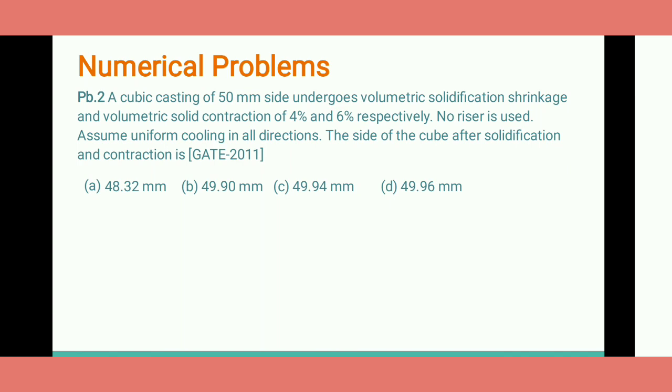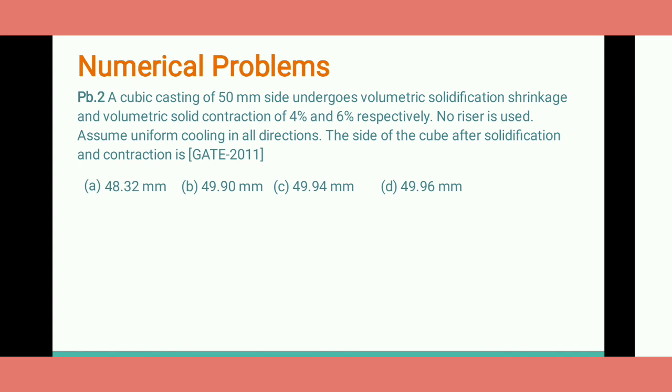So if we use the solidification shrinkage of 4%, then this much amount has been reduced, 4% from the solidification shrinkage, and 6% is reduced for the solid contraction. But what amount is remaining, that is important. What amount is remaining, the dimension we have to find out for that casting.